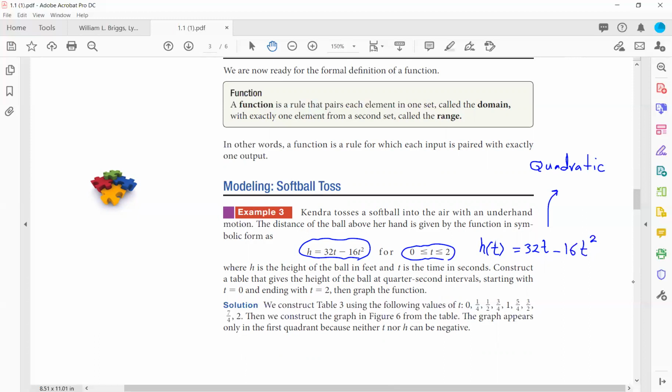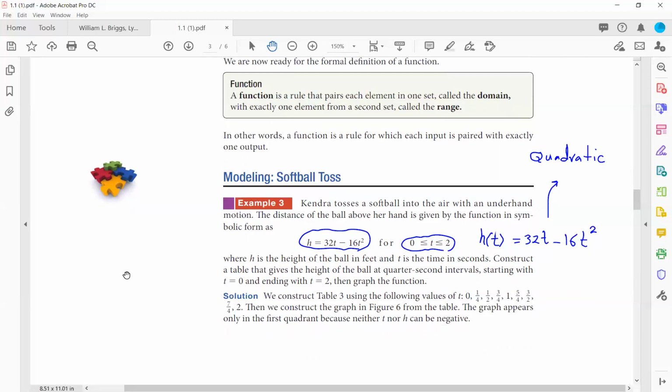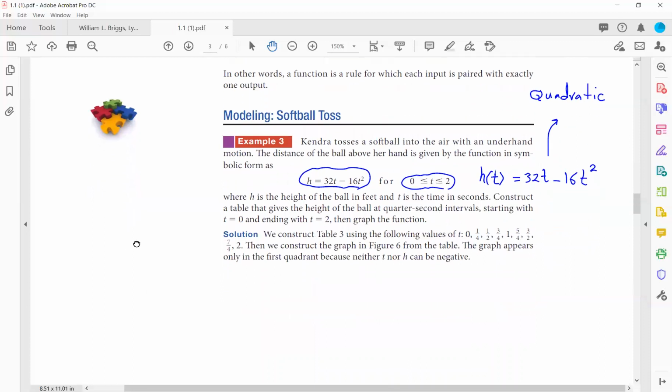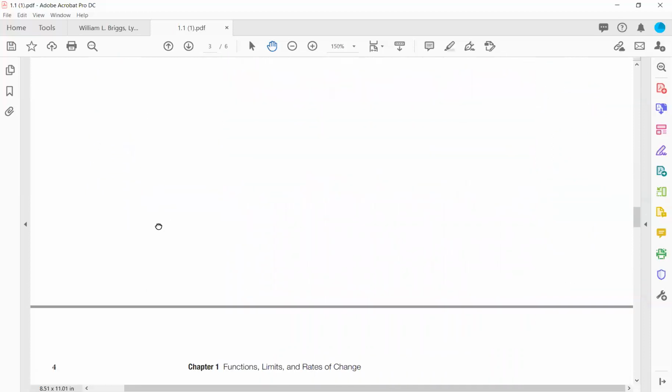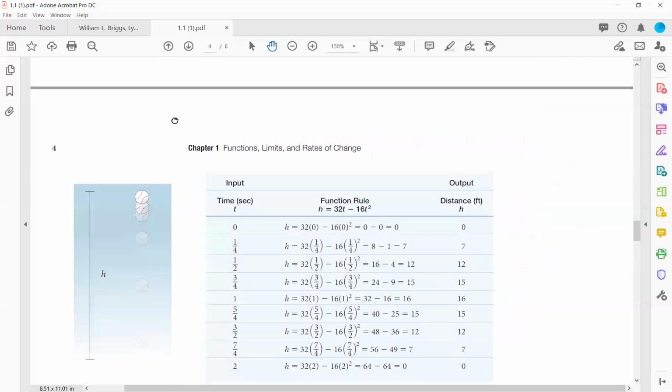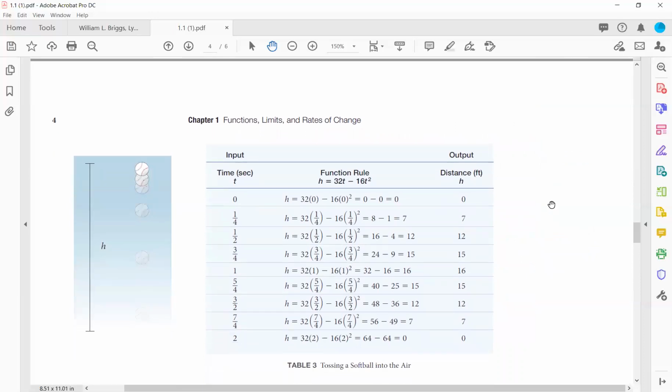Okay, our goal is to graph this function and understand the behavior of this function. Let's start by using a table. We know that the domain, the set of all input values, starts at time t equal to 0 and stops at t equal to 2.